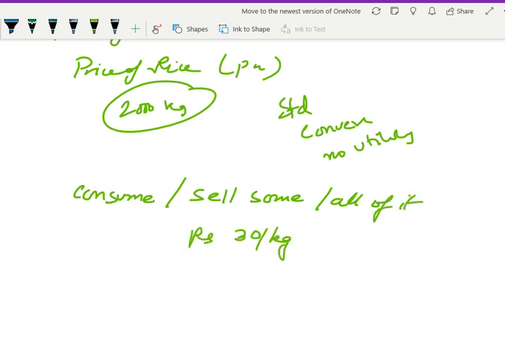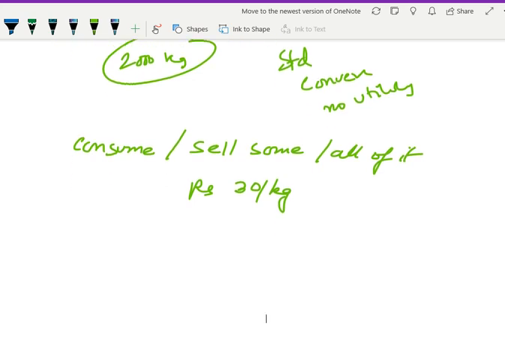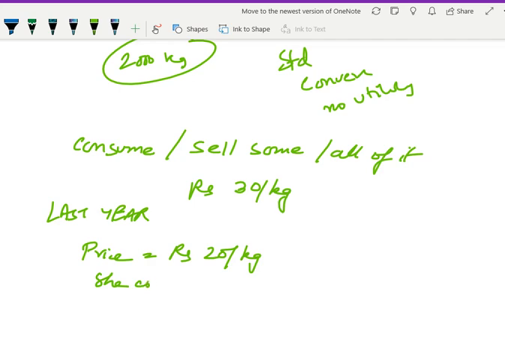Last year the price of rice was rupees 20 per kg, and she consumed 2000 kg. The total income was 1 lakh pension.